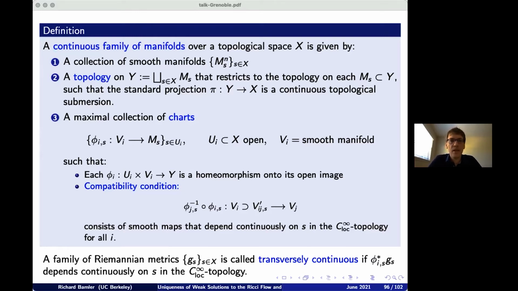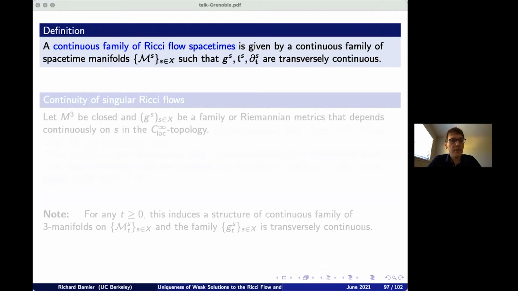And I can do the same for other tensor fields. Whenever I take a family of tensor fields on the M_S, I can just look at the corresponding pullbacks and ask whether they depend continuously on S. And so this now allows us to define what a continuous family of Ricci flow spacetimes is.